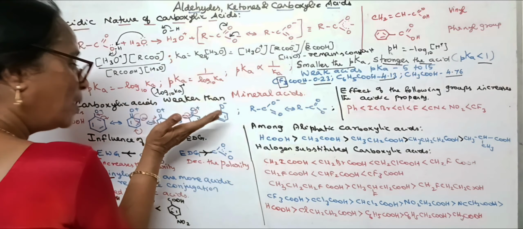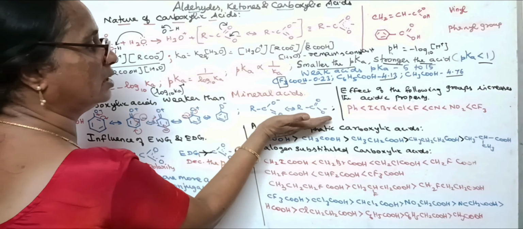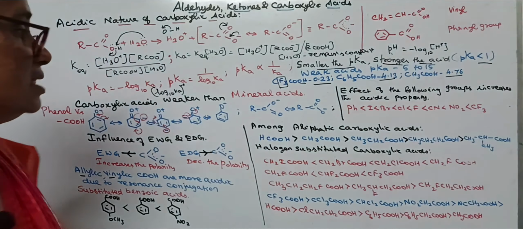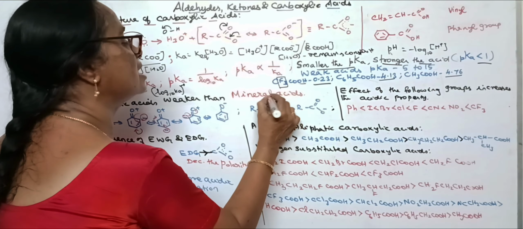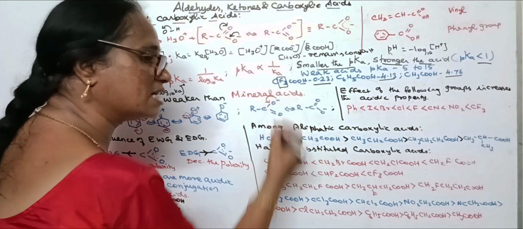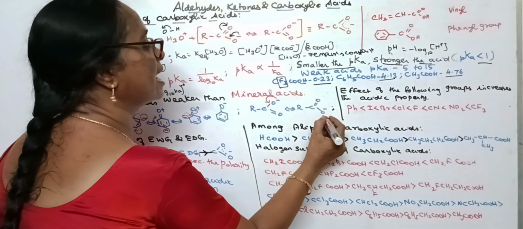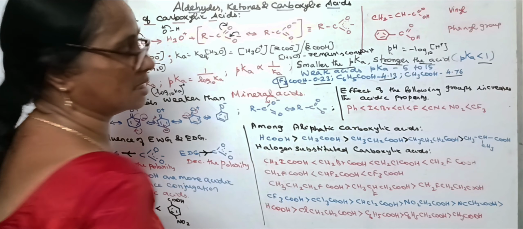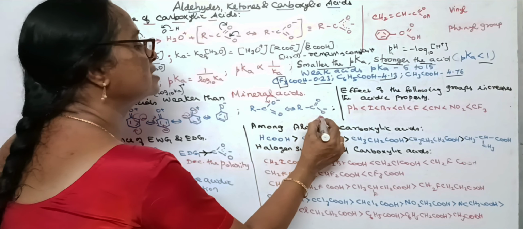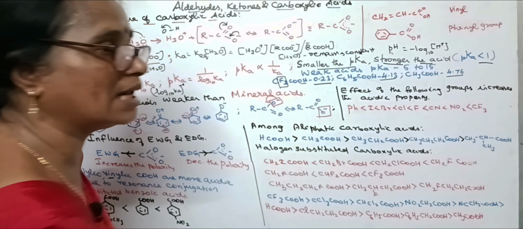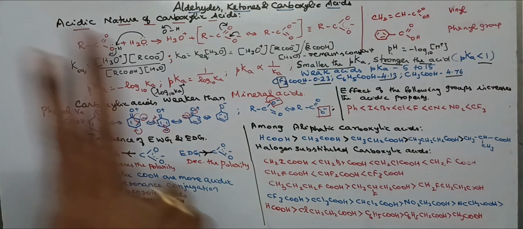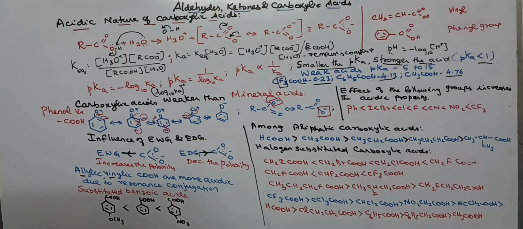Now compare this resonating structure with that of carboxylic acid. In carboxylic acid, I have given here the negative charge that can undergo delocalization with the other oxygen atom. So I am getting this structure. And in this case, we find the negative charge is delocalized between the two most electronegative oxygen atoms only.